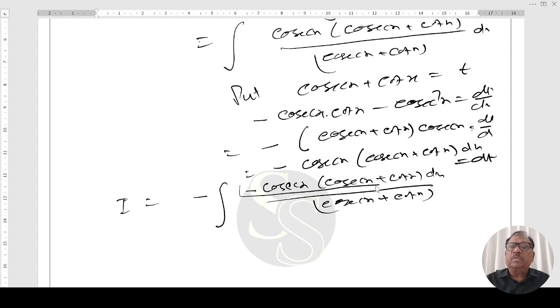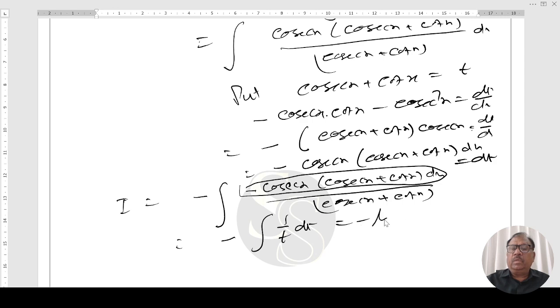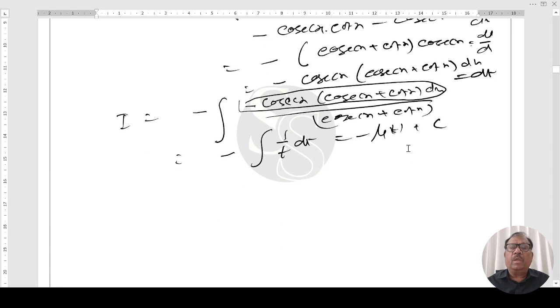In place of this, we will put t. So minus 1 by t dt, minus log of t plus c. Back substitution. That comes out to minus log of cosec x plus cot x plus c.